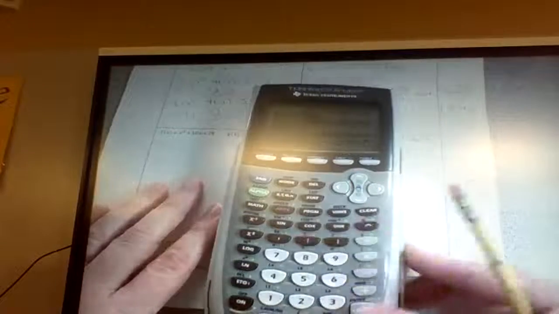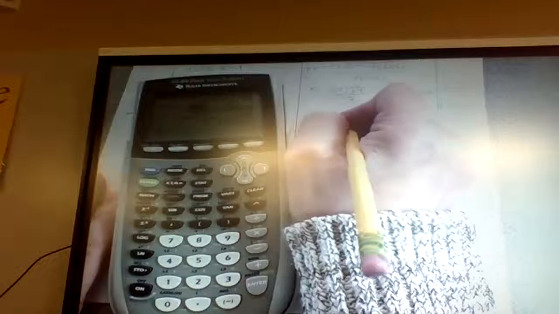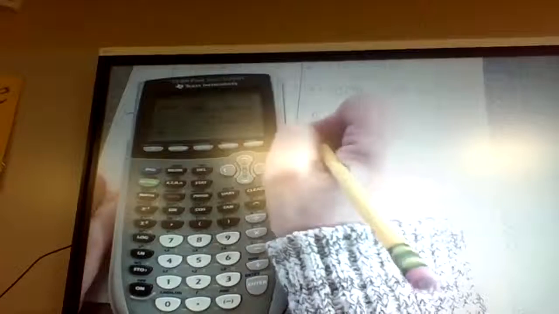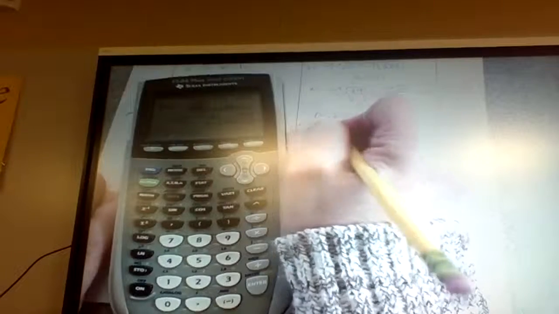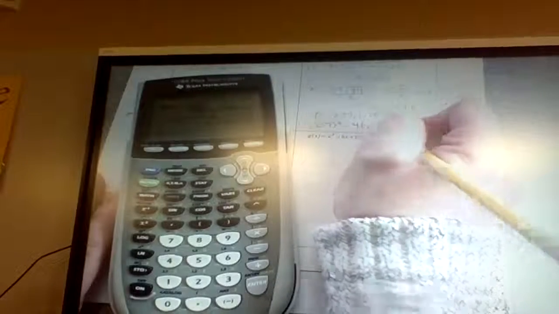So I put my negative 0.277 and I get 1.185. That's from 277 squared minus 4 times negative 0.277.